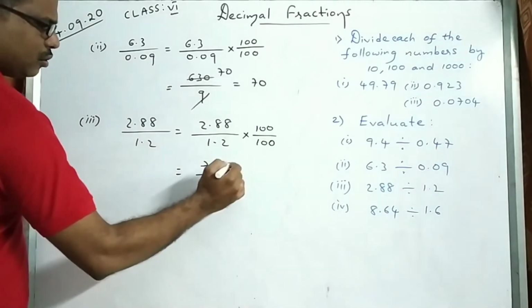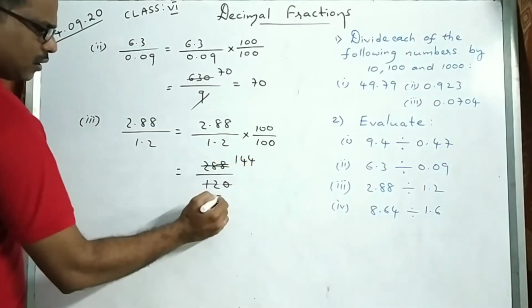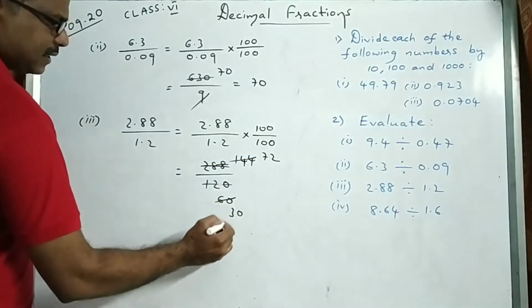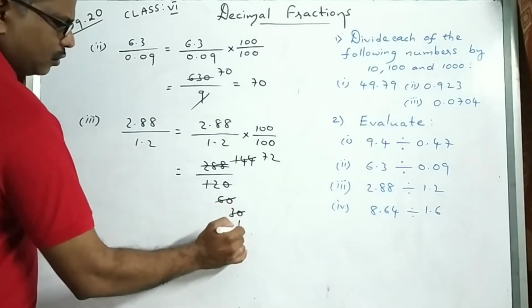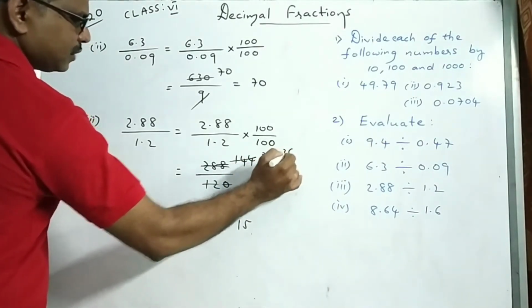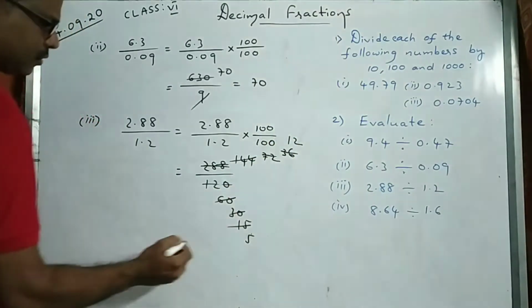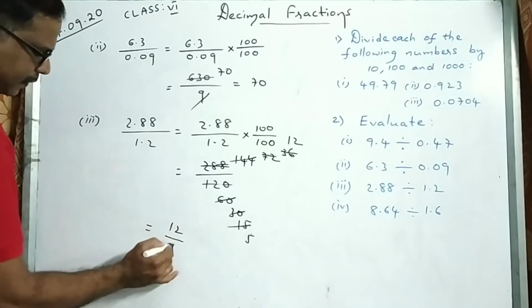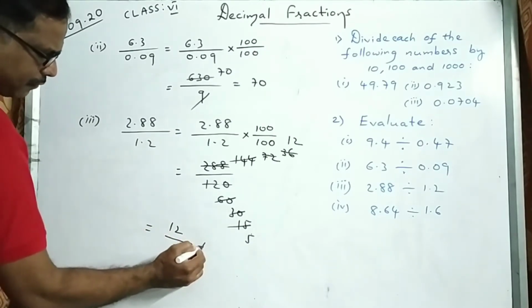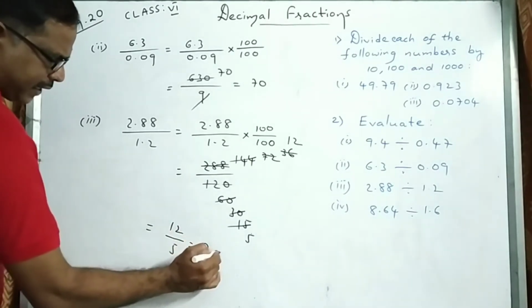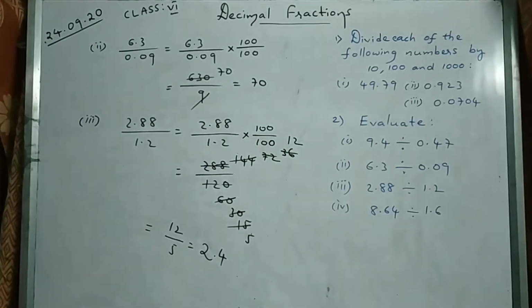So I will cut it with the 2 table. 2 1s, 2 4s, 2 6s, 2 7s, 2 2s, 2 30s. Next, 12 by 5. 5 4s, 5 2s are 10. 2 will be remaining, 0.54 is 20. So 2.4 is the answer. Okay? 2.4 is the answer.